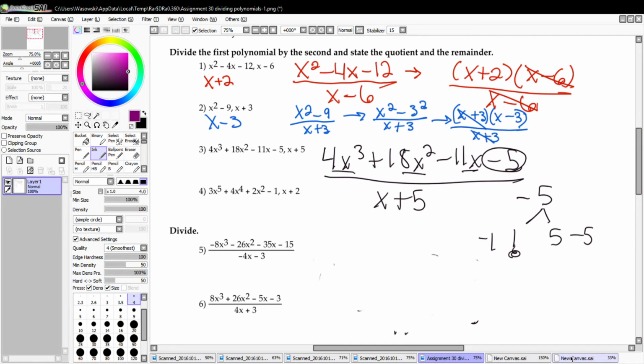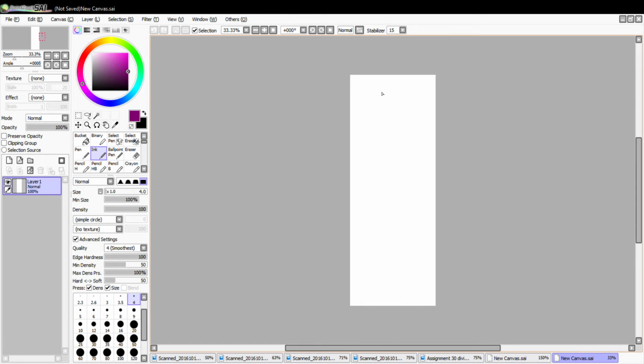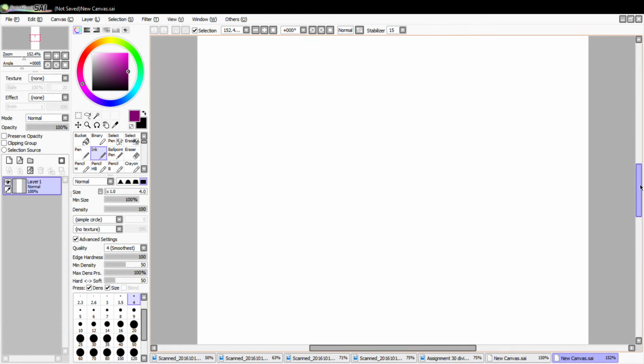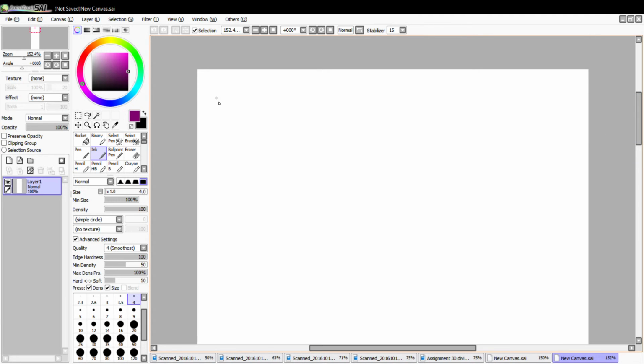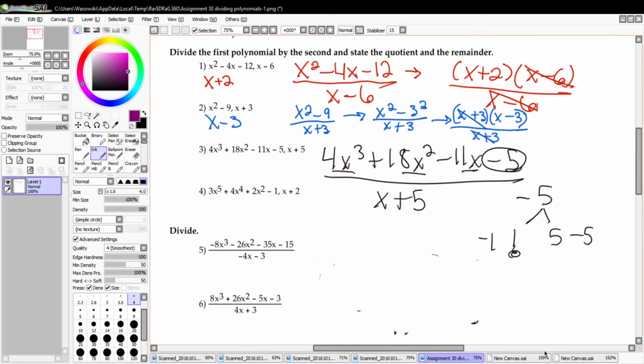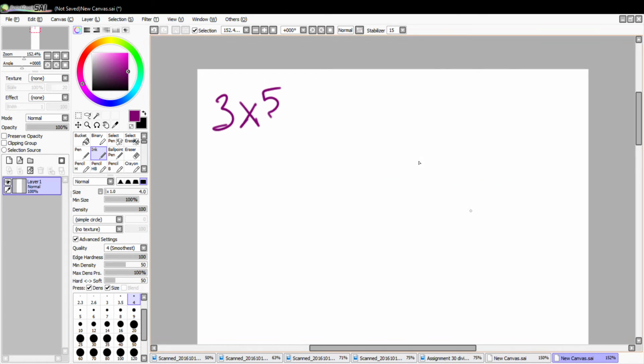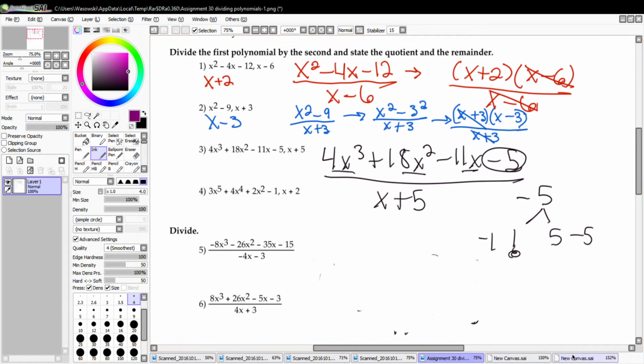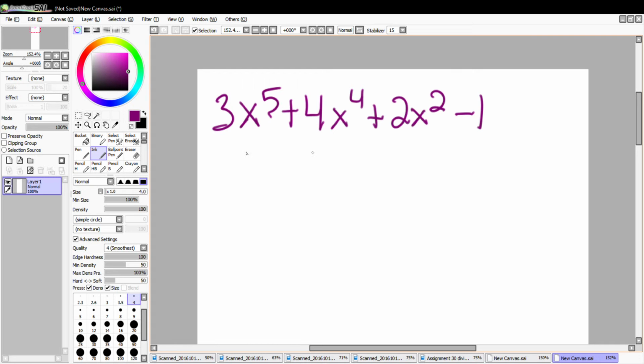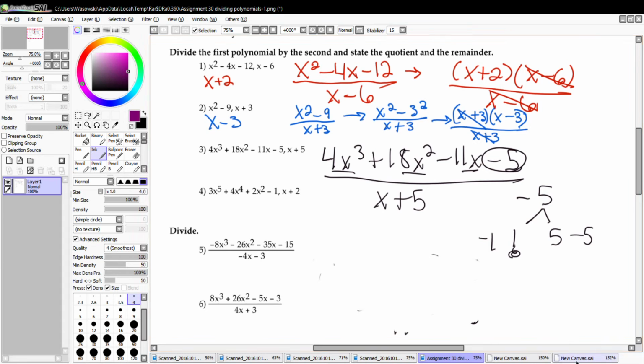It is going to be 3x5 plus 4x4 plus 2x2, sorry, I have to keep switching like this, minus 1 over x plus 2.